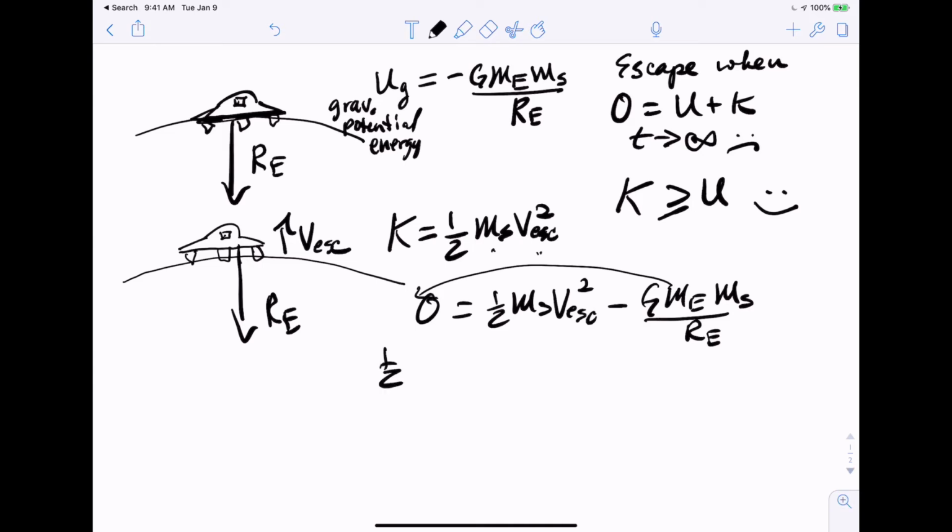So really what I'm saying is the kinetic energy needs to be equal to the potential energy. And again, this will take infinitely long. So whatever that speed is I'm going to calculate, I'm going to turn the little dial on my engines up so I'm going faster than v escape. But what I'm trying to do right now is figure out exactly the minimum.